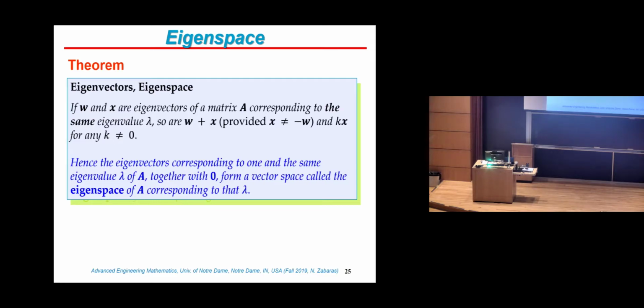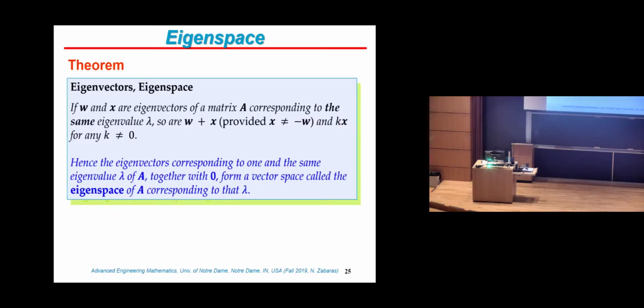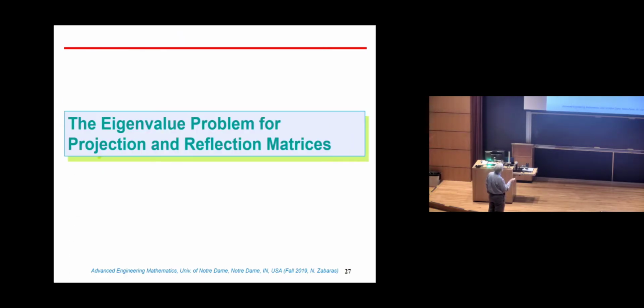So that vector space, spanned by those eigenvectors, is called the eigenspace of A corresponding to that eigenvalue lambda. Again, these ideas will have significance when we discuss ordinary differential equations. We said already that the eigenvector is determined up to a normalizing constant, okay?